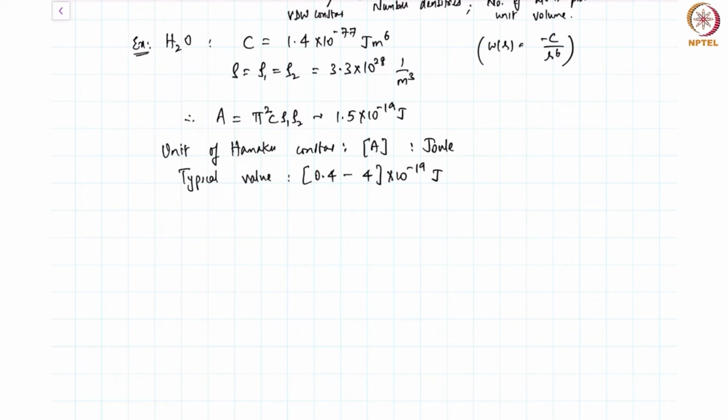Now let us basically return to the case of interaction between two spheres that London carried out.